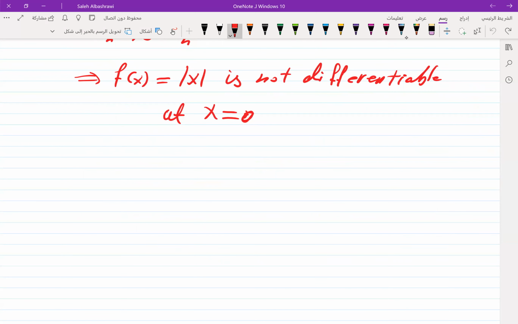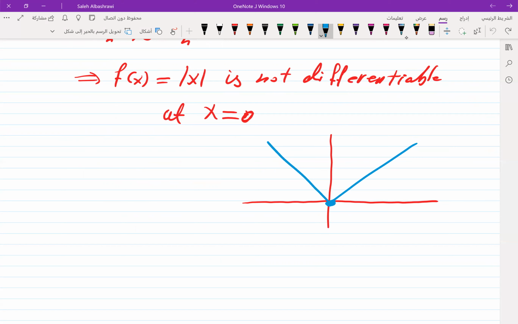And the graph of the function absolute value of x takes this shape. So at x equal to 0, we have a corner. Any function that has a corner is not differentiable at that point.